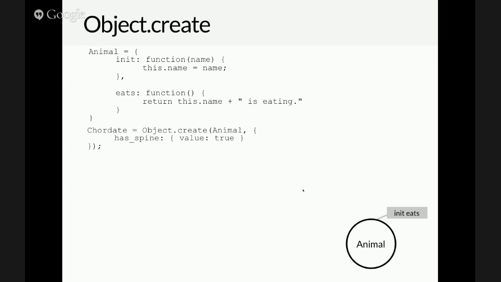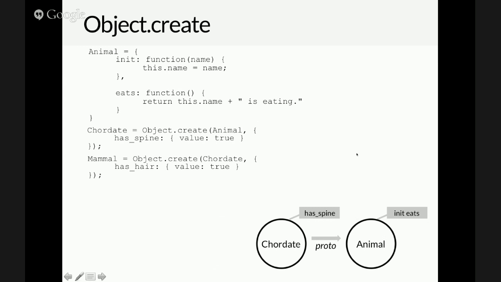So in this case, coordinate equals Object.create. It's going to create a new object in memory with a has_spine property, and it's going to set the proto to whatever the first argument was. So we have coordinate as a new object. Its proto is pointed to animal, which is another object. Same thing for mammal. We'll say Object.create coordinate, and this one has hair.